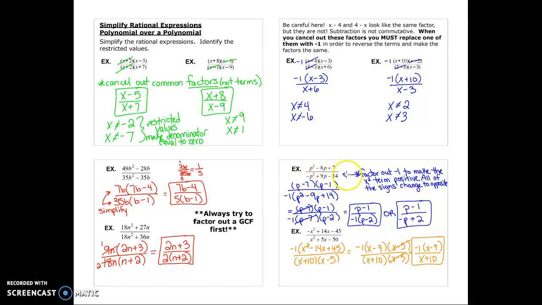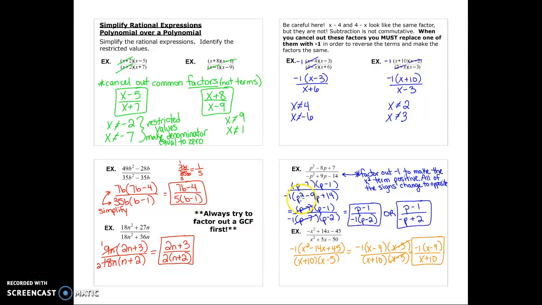Now, in the denominator, your leading term, your p to the second power term, is negative. You always want your leading term to be a positive. So if this happens where your leading term is a negative, factor out a negative 1. All that's going to do is change the sign of everything inside of there.